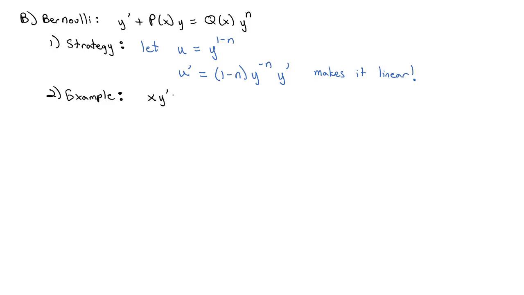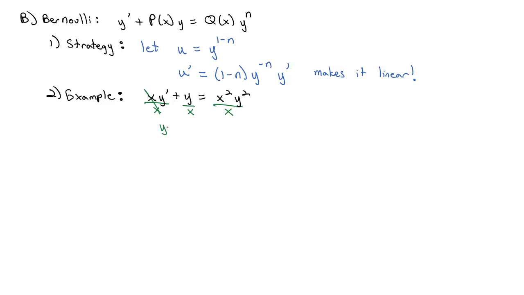Let's do xy prime plus y equals x squared y squared. One thing we notice is this is not yet in Bernoulli form because Bernoulli has y prime by itself. So I need to actually divide each term by x.